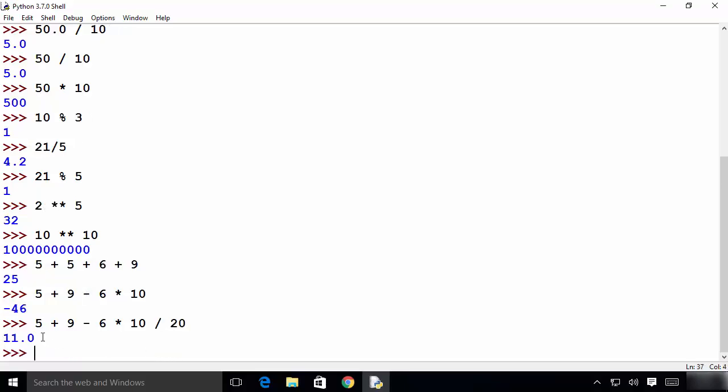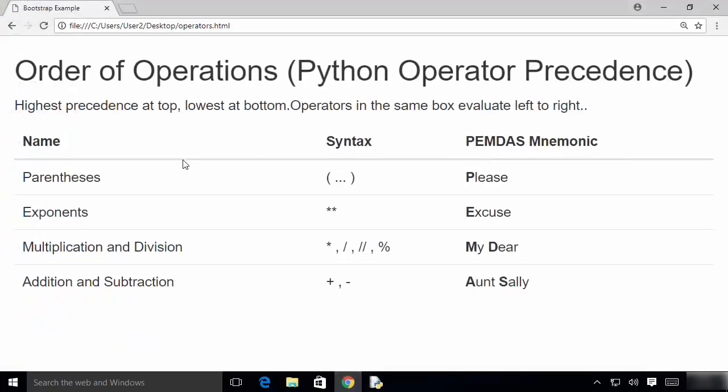It's going to give me this value, but how is this value calculated? What operation is executed first? Is the multiplication done first, or is the division done first, or did the addition take place first, or the subtraction? So I have this table, and here you can see the precedence of these operators.